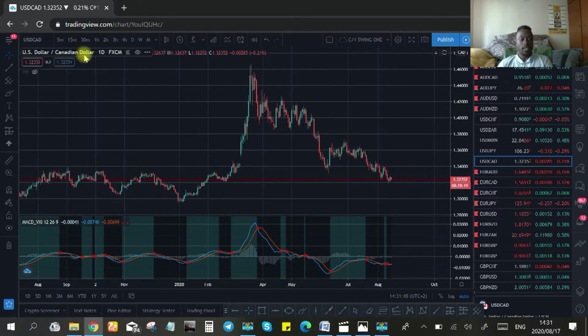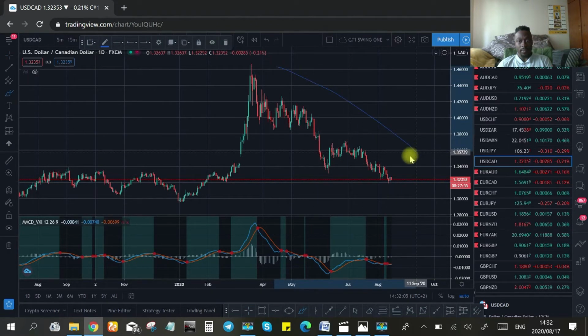Meaning if the dollar is weak, the Canada is strong. If the Canada is weak, the dollar will be strong. Since the market is pushing down like this, it means the dollar is weak.